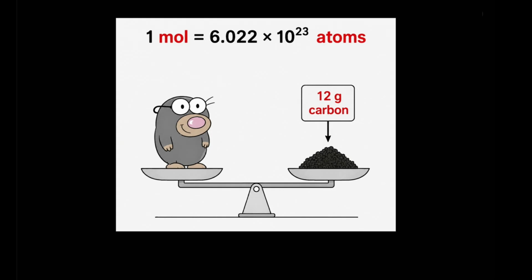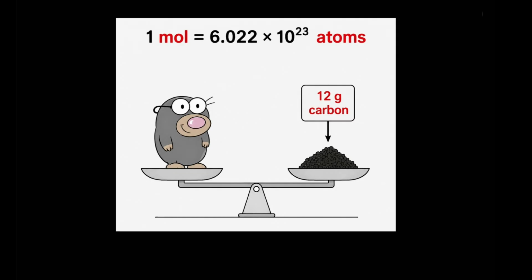So, what is a mole? Just like a dozen represents 12, chemists use mole as a counting number. As atoms are incredibly small and there are a lot of them, an efficient way to calculate them is by using the counting measure mole.